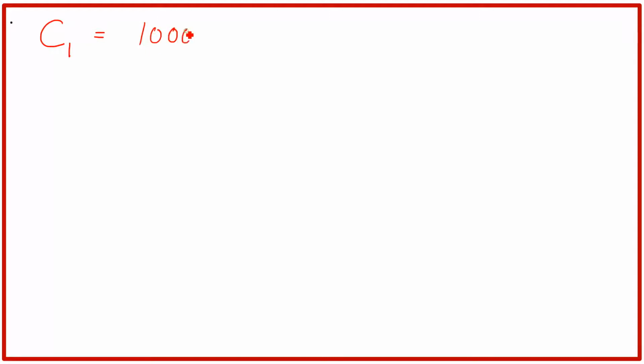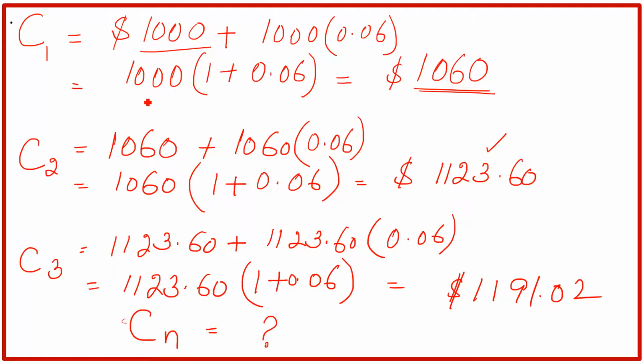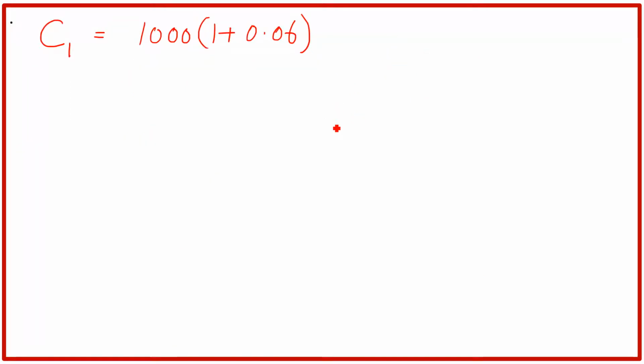1000 times 1 plus 0.06. So see here, same thing: 1000 into 1 plus 0.06. For the second year, 1000 times 1 plus 0.06, and when you calculate it, the answer should be 1060.